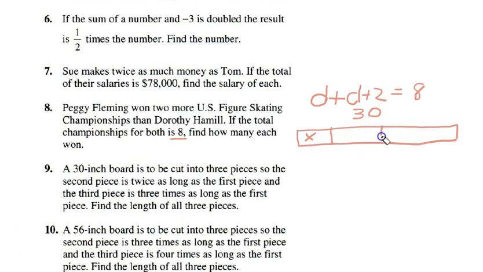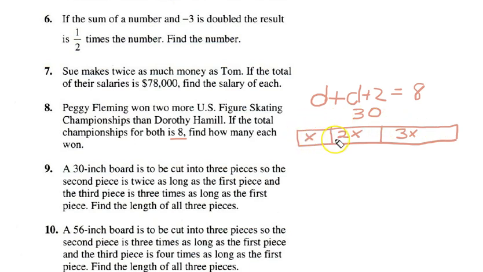Now, what will the second piece be? Well, we said the second piece is twice as long as the first piece. So this is going to be 2x. And the third piece is 3 times as long as the first piece. So this is going to be 3x.